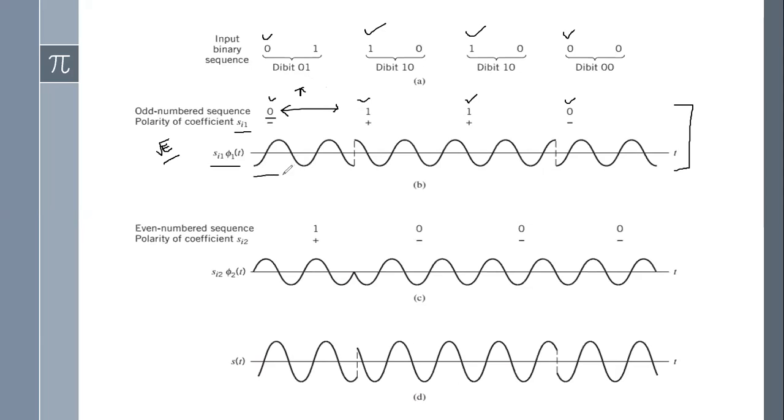We have represented 0 with cos 2 pi fct and 1 with minus cos 2 pi fct. Clear this portion, how we are doing it? Any doubt? Everyone understood?